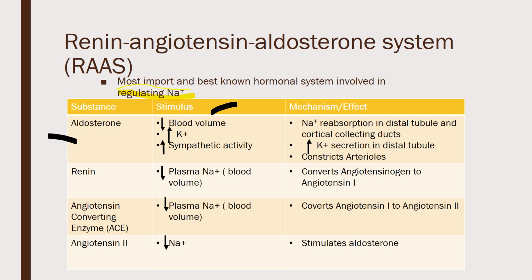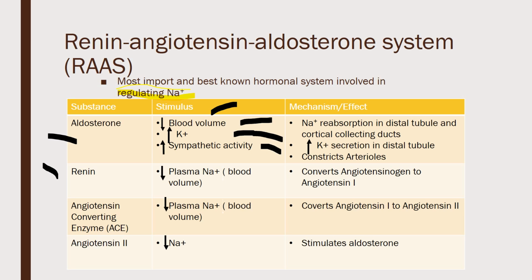The effect for the decrease in blood volume will be to reabsorb sodium in the distal tubule and the collecting ducts. With an increase in potassium, we'll have an increase in potassium secretion in the distal tubule, so that exits the body. And an increase in sympathetic activity is going to constrict arterioles.